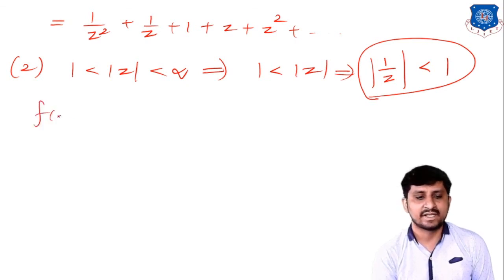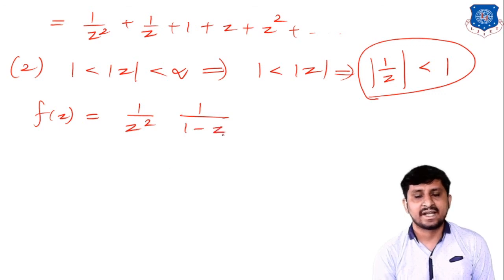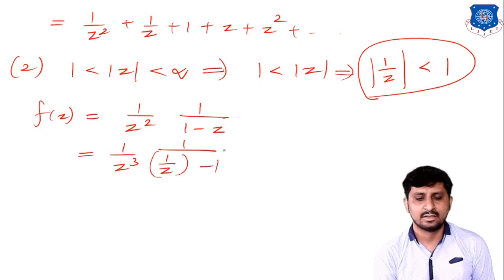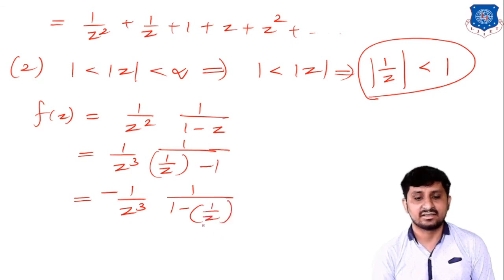Now what is my f of z? f of z is equal to 1 upon z square into 1 upon 1 minus z, right? Now I can take z outside from this term, so 1 upon z cube into 1 upon 1 upon z minus 1, which we can write as minus 1 upon z cube into 1 upon 1 minus 1 upon z. Now you can understand that the modulus value of 1 upon z is less than 1.